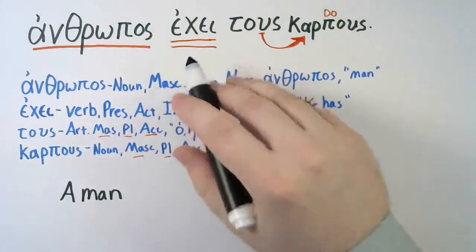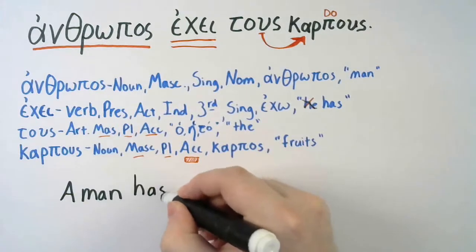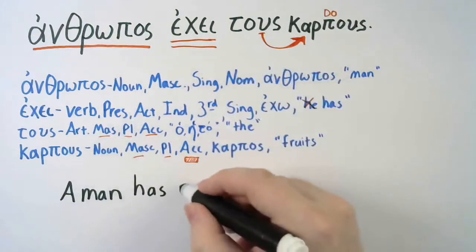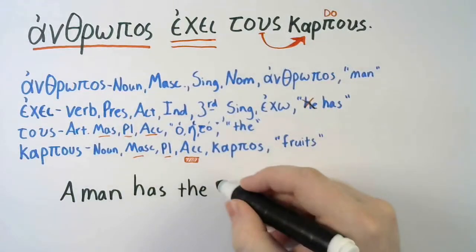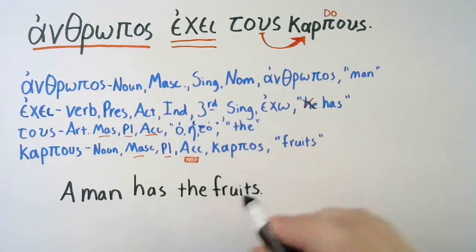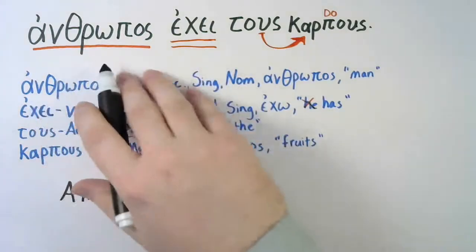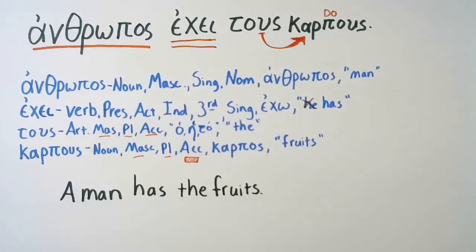What's eke again? Eke means has. A man has tous the carpus, fruits. Anthropos eke tous carpus. A man has the fruits.